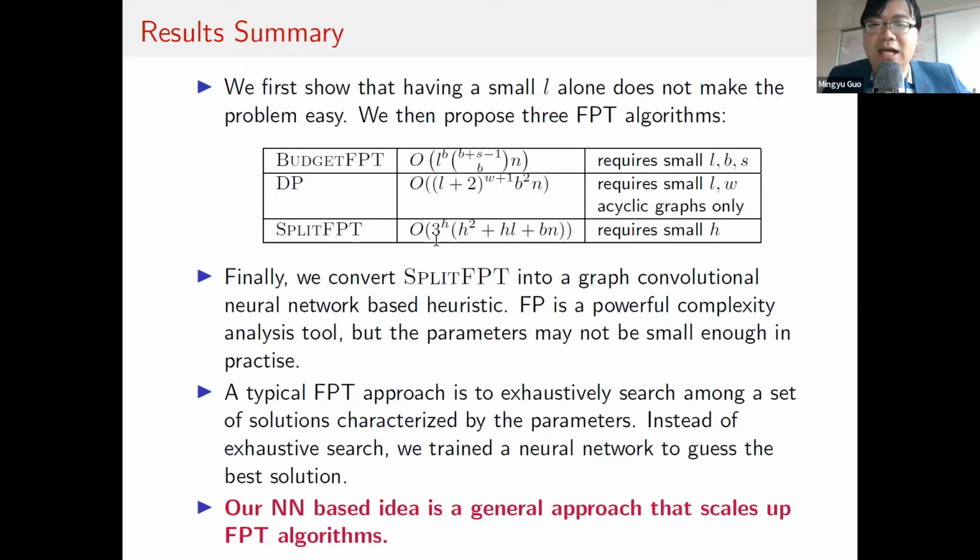So at the end of the day, we are not exhaustively searching over all the solutions described by the fixed parameter. We're just trying our best within our computational capability to find the best solution we can using the graph neural network. We can argue that our neural network-based idea is a general approach that can scale up FPT algorithms.